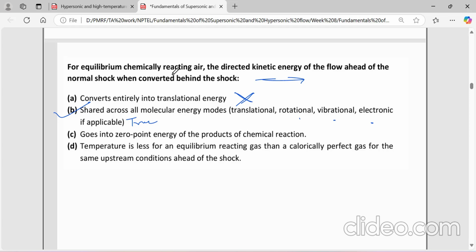And option C: goes into zero point energy of the products of the chemical reactions.